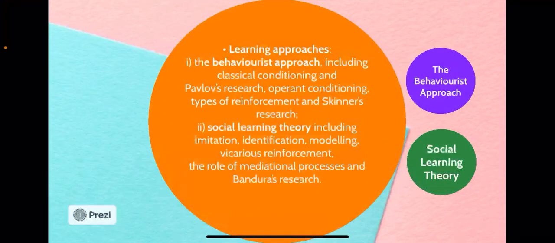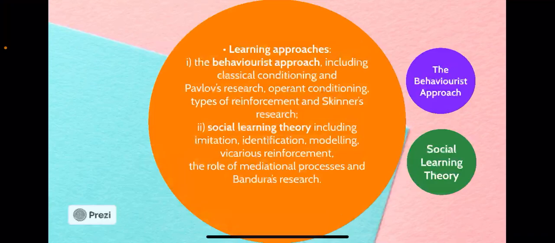Okay, so those are our learning approaches: the behaviourist approach and social learning theory. Make sure you're aware of all of the key terms and the key research, and have a go at the exam questions. There are some application questions for these, and some questions that bring in a little bit of research methods.